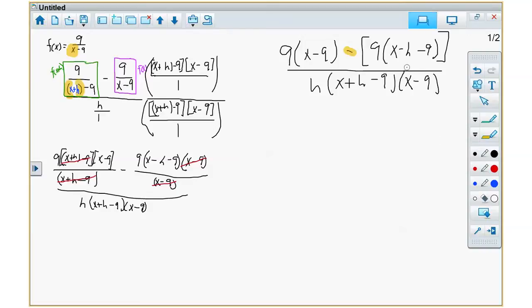All right, now clean up the numerator. 9 times 9x minus 81 minus 9x plus what? 9h. Minus plus what? 81.